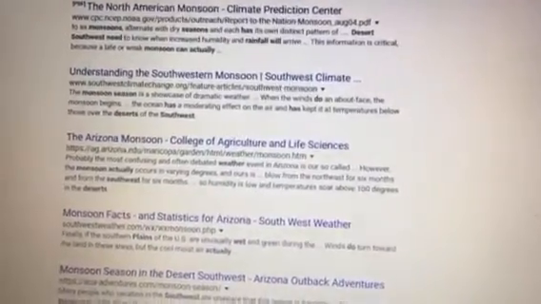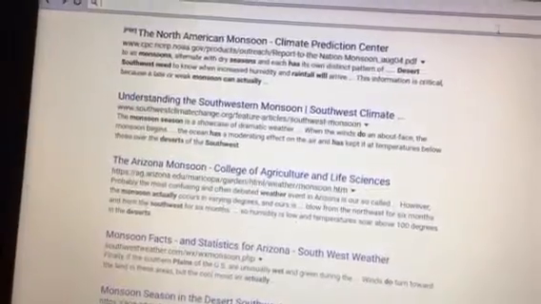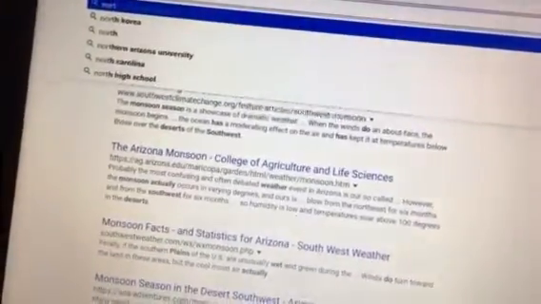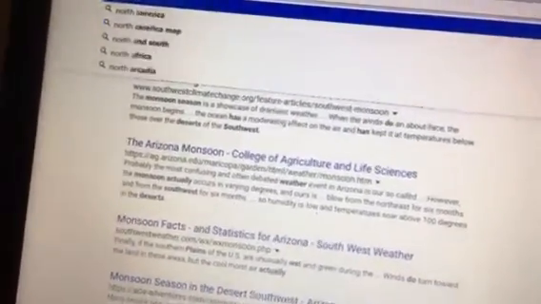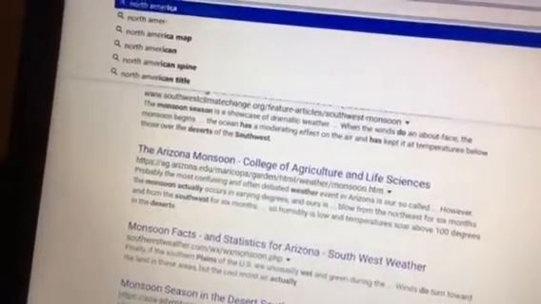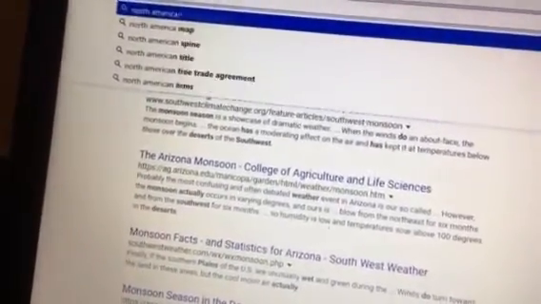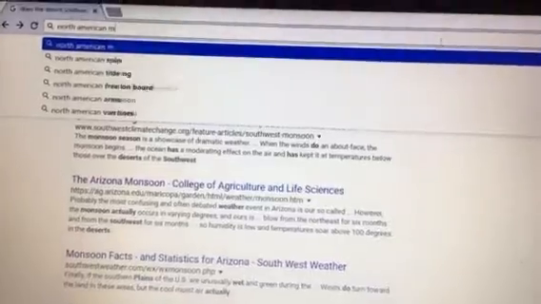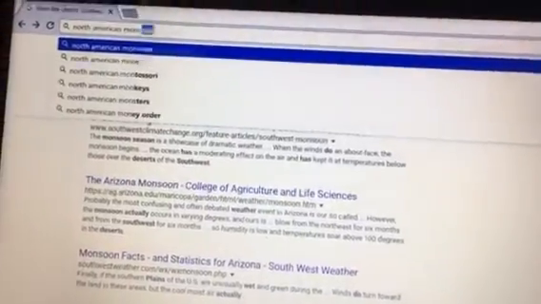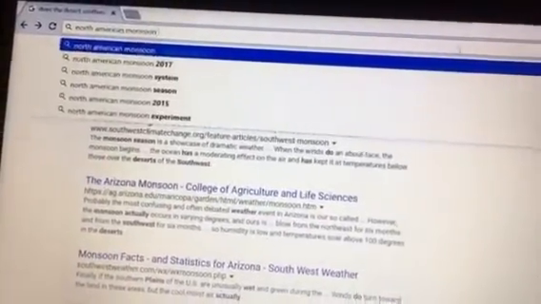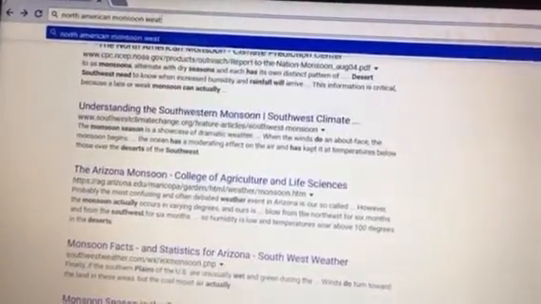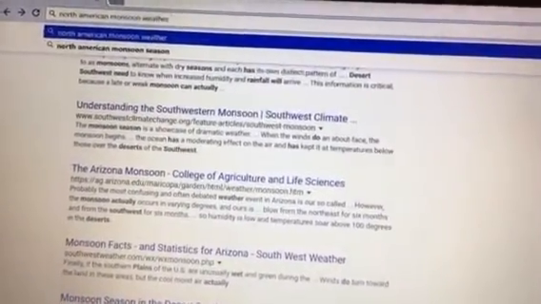All right, so North American monsoon weather patterns. Let's see if this brings anything up.